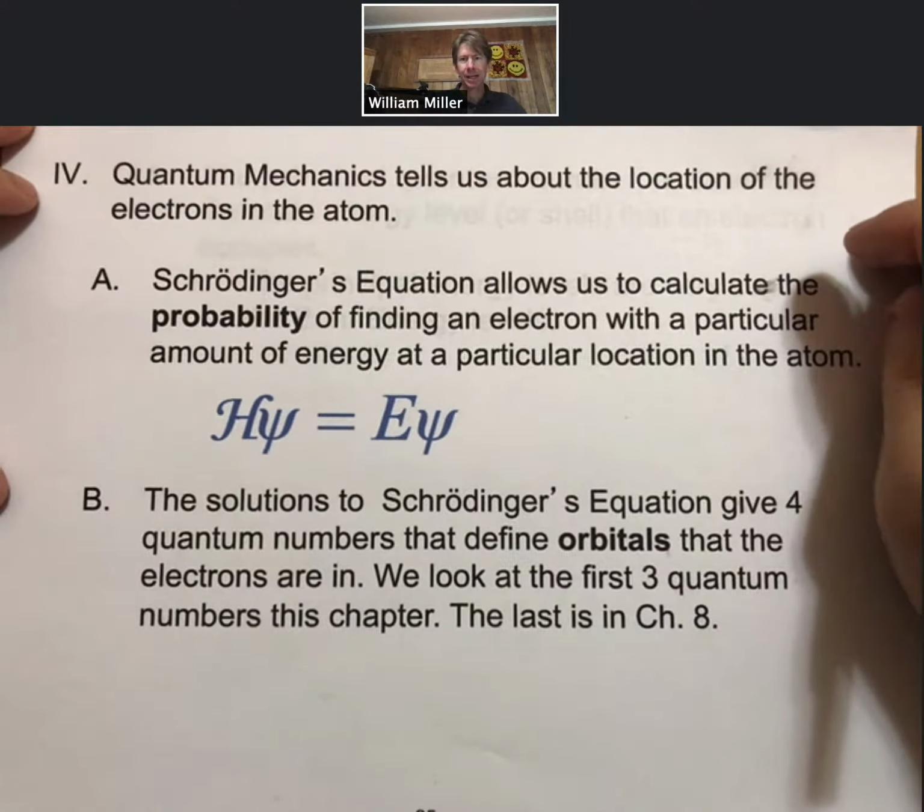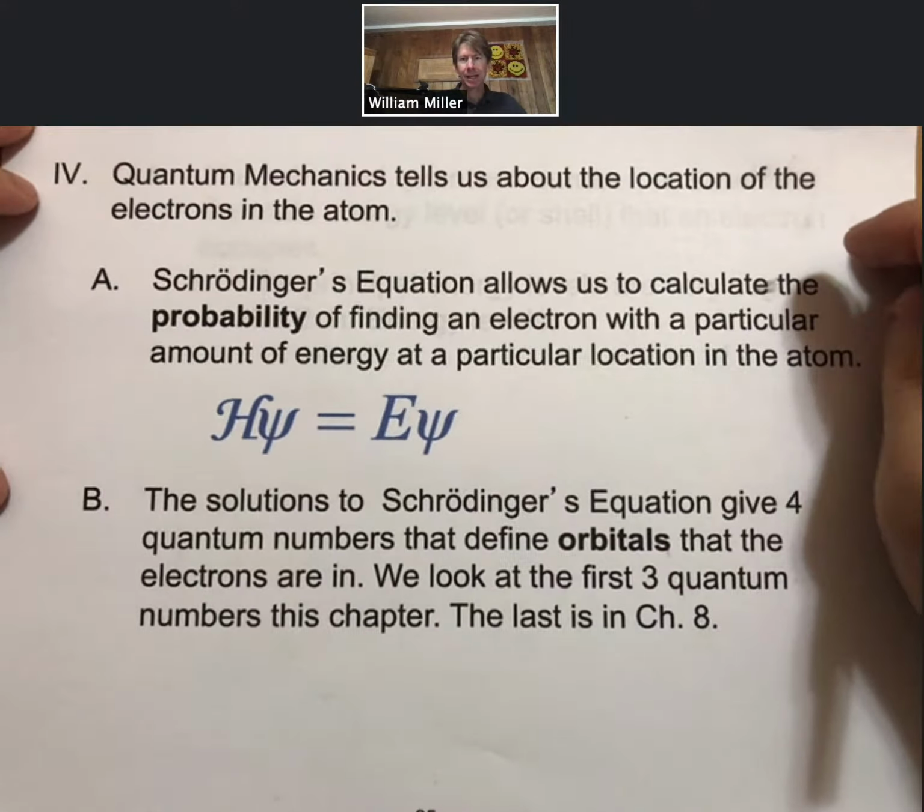And to show you what those look like, we'll draw a set of axes. And remember, L determines the shape, so all of these will have the same shape, and these numbers determine the orientation of those shapes.